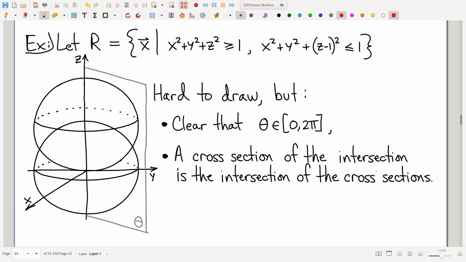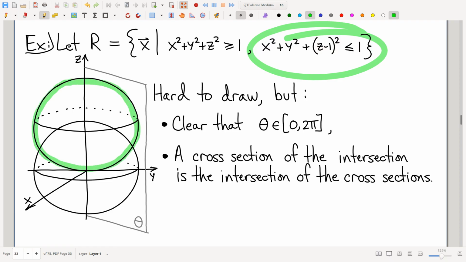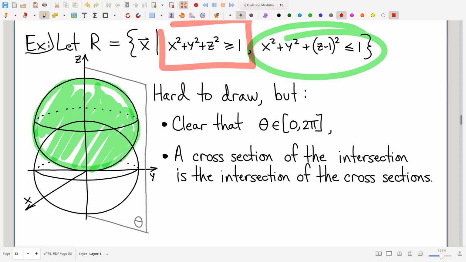All right, so what you'll notice here, we have a ball, and this other one. It's tempting to call that a ball also, but notice that's a greater than or equal.